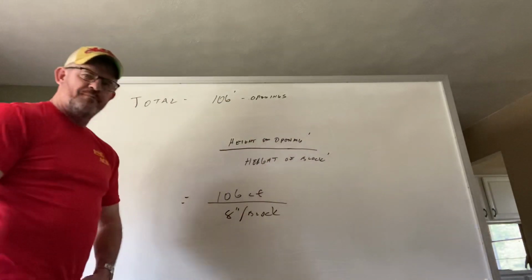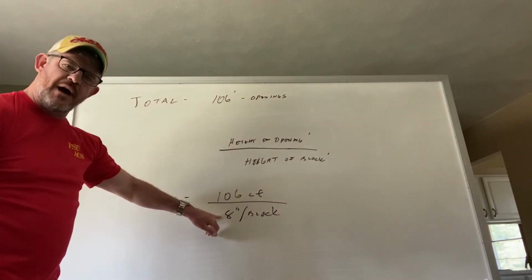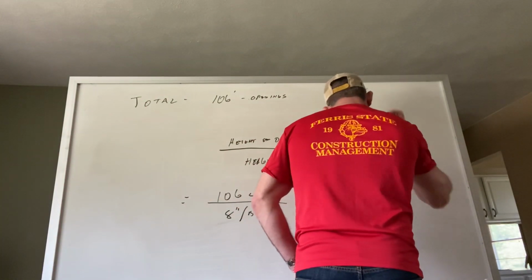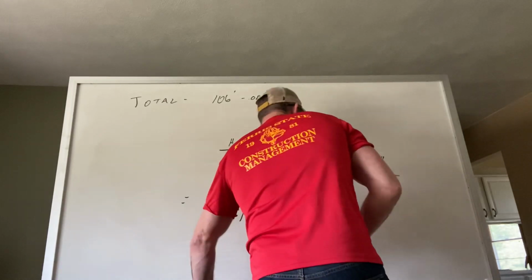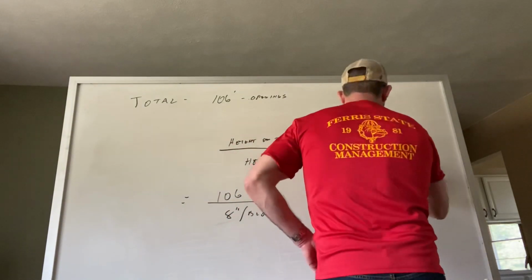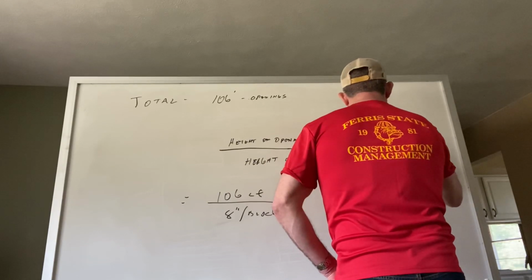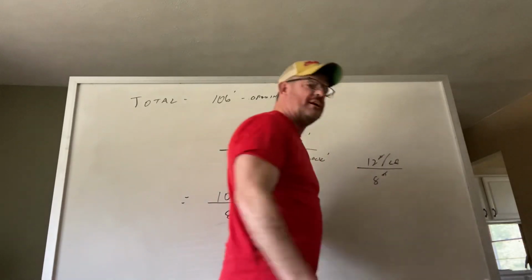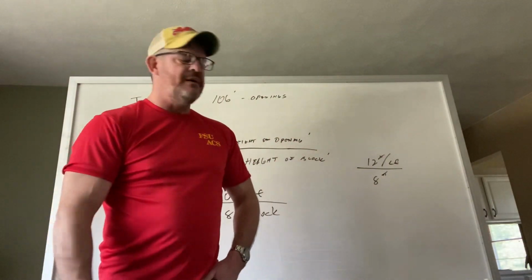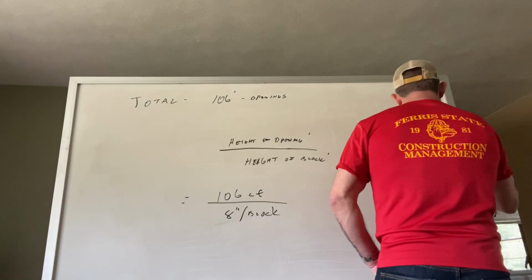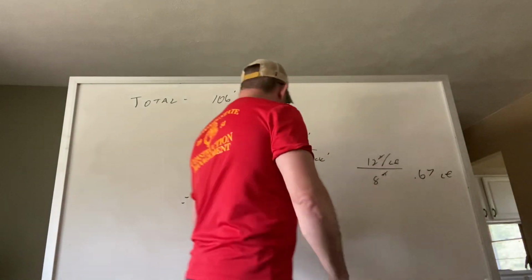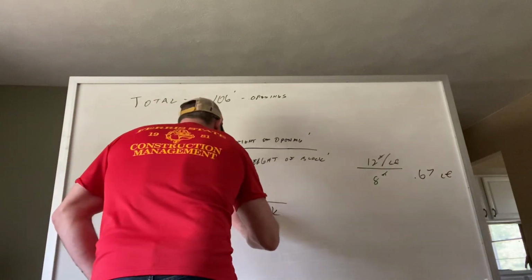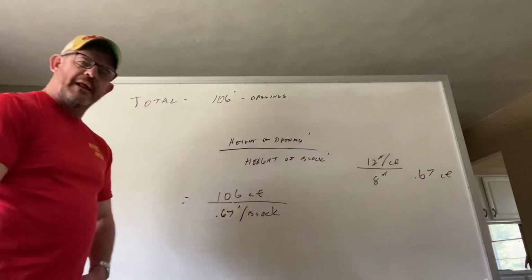What do I have to do? I have to convert 8 inches to feet. So 8 inches divided by 12 inches per foot gives me what? Everybody get your calculator out and do it on your calculator. It gives me 0.67 feet. So I'm going to change that 8 inches to 0.67 feet per block.